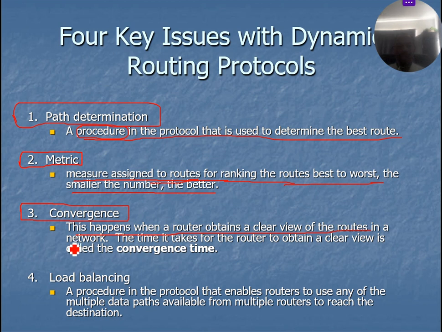Convergence is when a particular router that wants to route gets a clear view of all the routes that are available in the network. When the clear view is obtained, we say the router has achieved convergence.